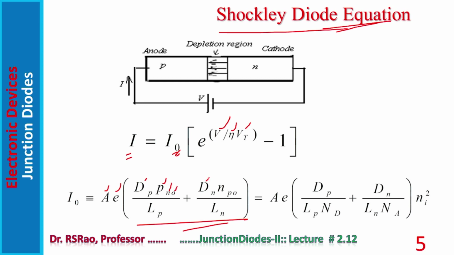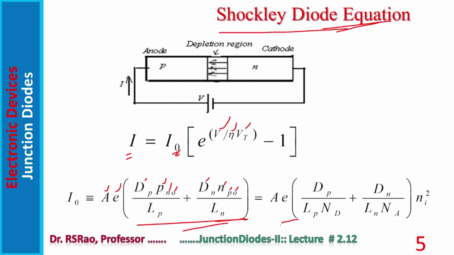Similarly, Dn is the diffusion constant pertaining to electrons. Ln is the diffusion length pertaining to electrons. Np0 means electron concentration on the P side under equilibrium condition.